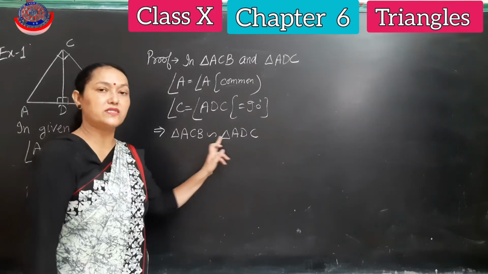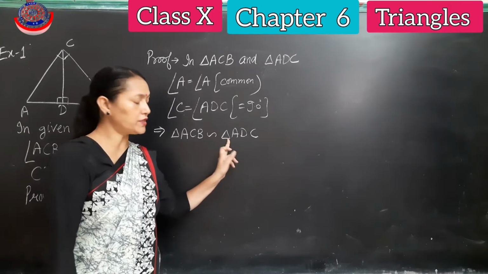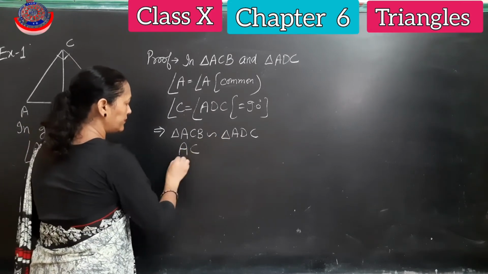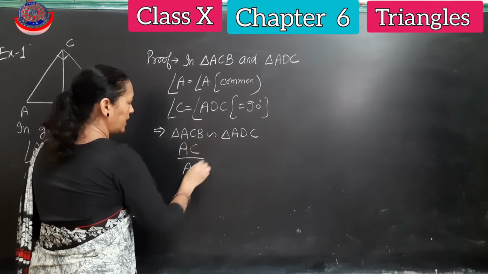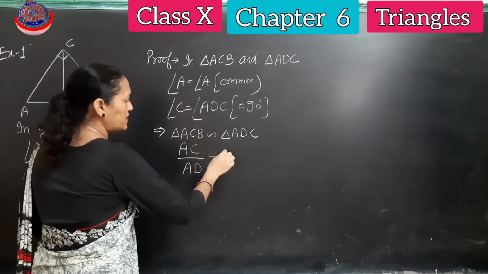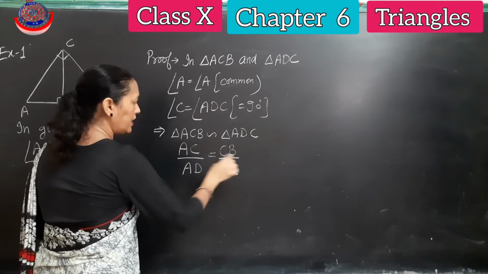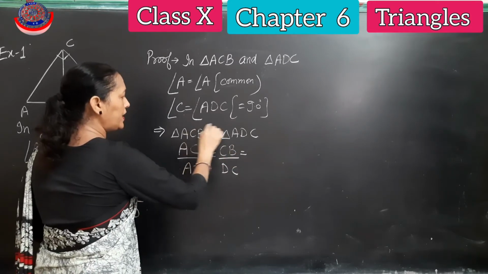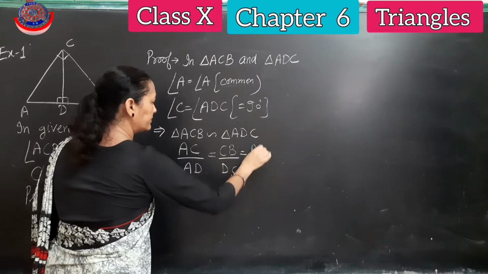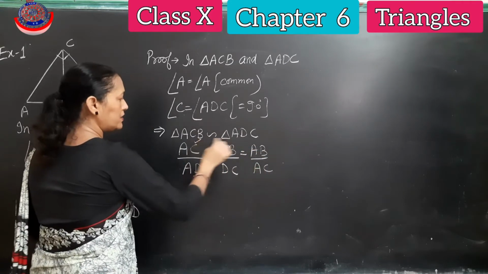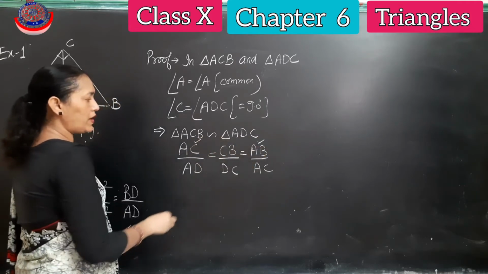So if triangles are similar, sides will be proportionate, means AC upon AD is equal to CB upon DC equals to AB upon AC. We'll be using these two parts.